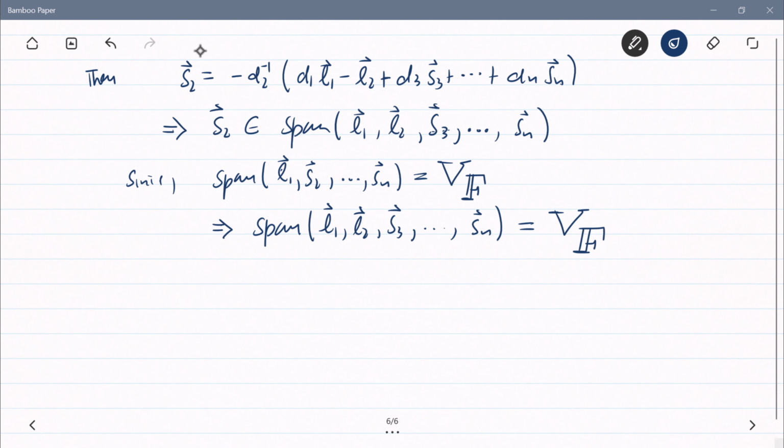This would be S2, because this one is replaced by the S. I hope you have got the hang of it, so we can kind of generalize it in a sense.